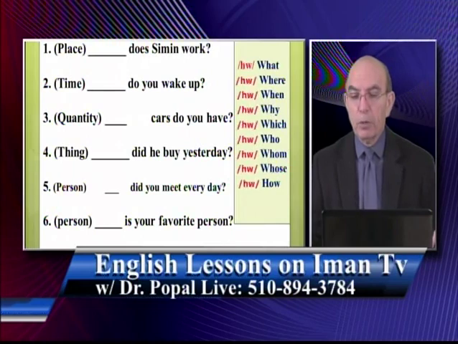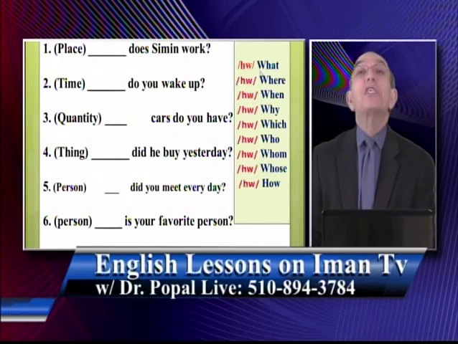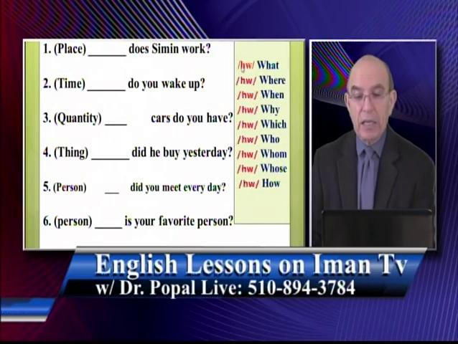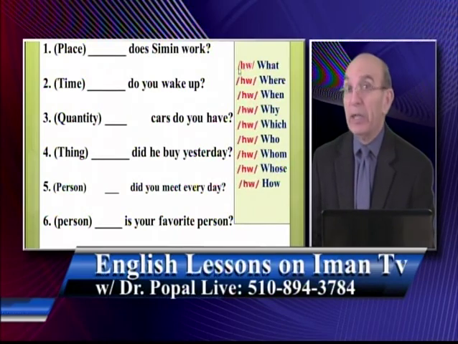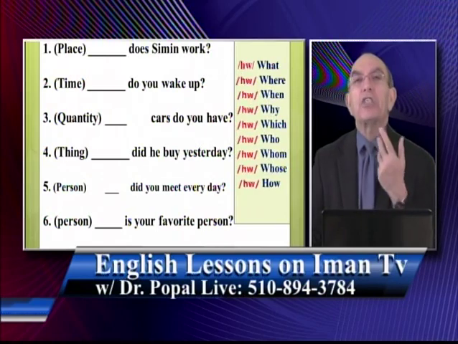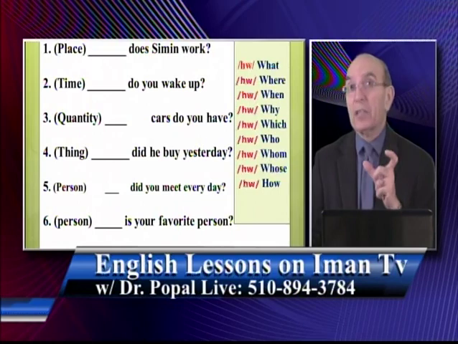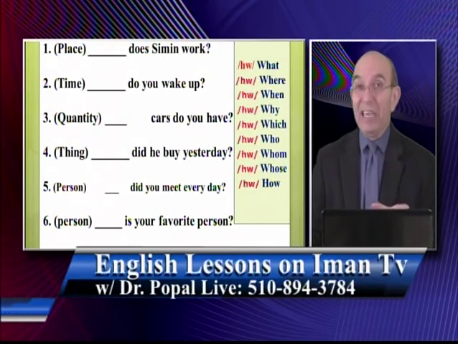One thing about WH is what? That when you write it, you write W then H. But when you say it, you say H first, W next. That's more standard American English pronunciation, okay? Although in spoken English, people could say W, they pronounce W first. But correct, bookish, standard, formal English is HW.